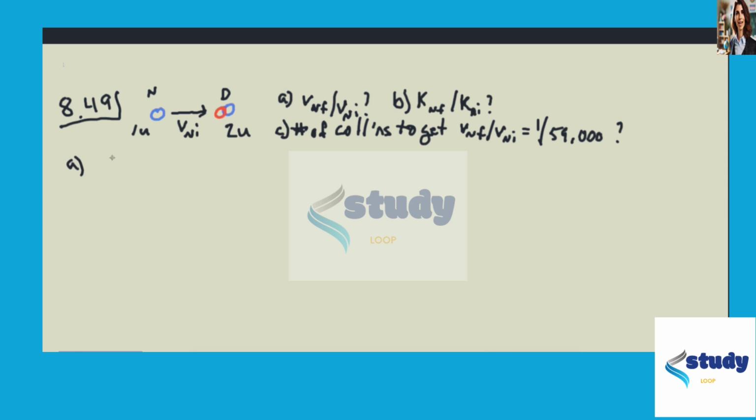So the first thing we want to know is, as a fraction of the initial velocity, which we're not told a specific number, which in this case we don't really need to know, what is the fraction of that you end up with after one of these collisions if it's coming head on to it and it's elastic. And then we want to know what the ratio of the kinetic energy is. And then we'd like to figure out how many collisions it takes to slow the neutron down by a factor of 59,000.